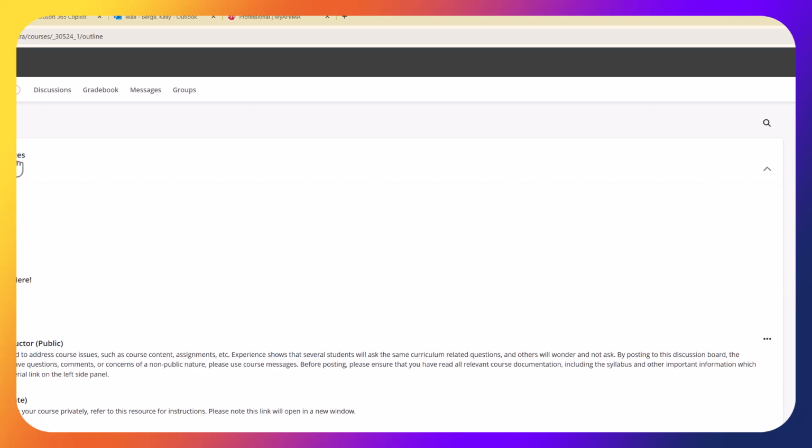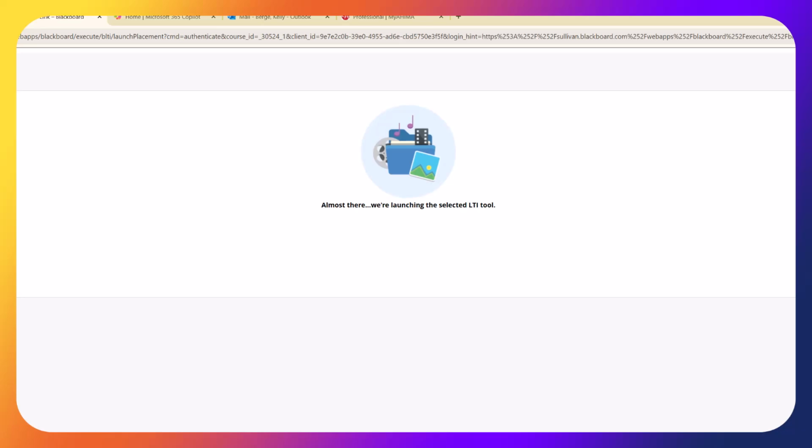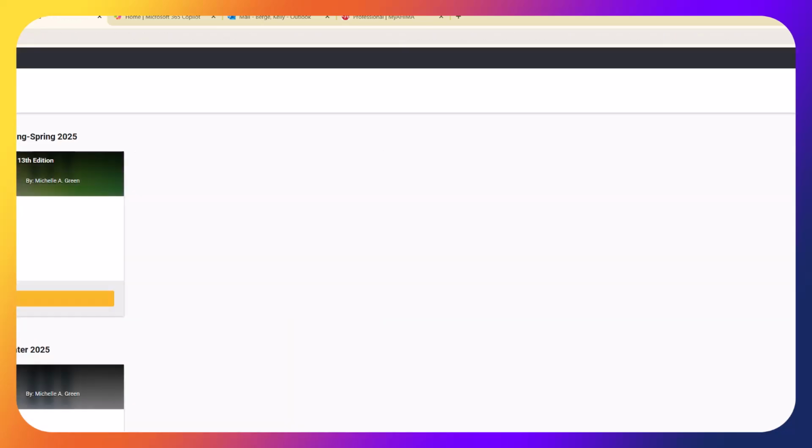This is where you're going to find information about myself, the syllabus, the schedule, and I want you to pay close attention here to access your textbook, because this is where you will find your textbook information, specifically the readings.